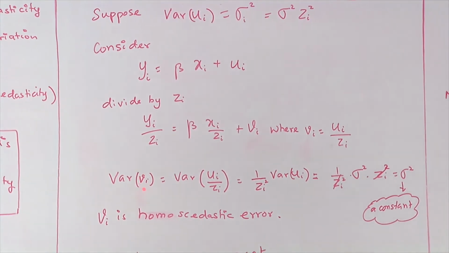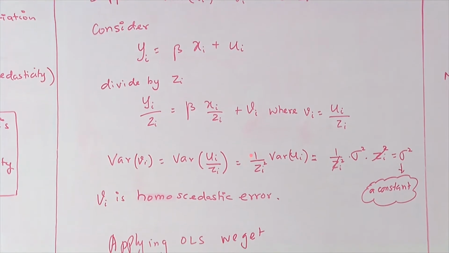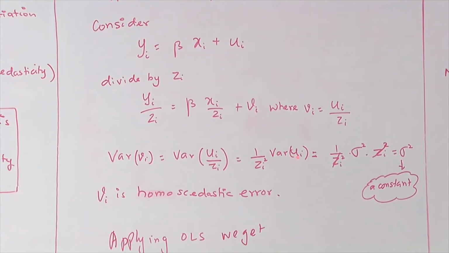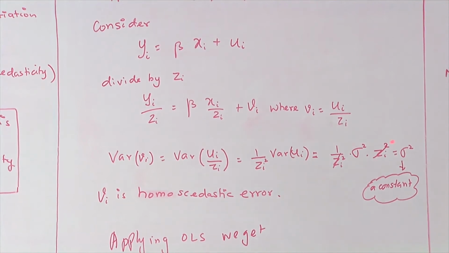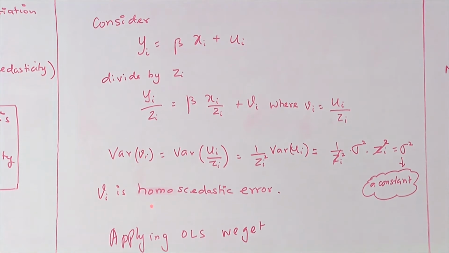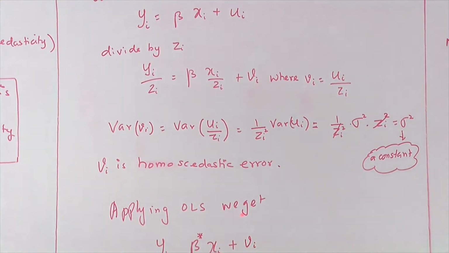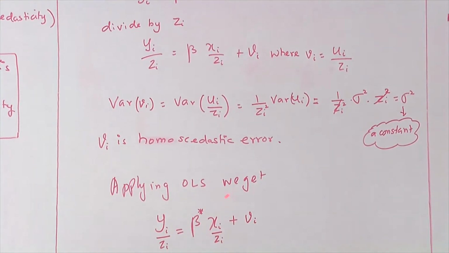The variance of vi is equal to variance of ui by zi, that is equal to 1 by zi squared times the variance of ui. We know the variance of ui is a variable, that is sigma square zi squared. So, both get cancelled, and that is equal to a constant. So, the variance of vi is a constant, meaning vi is a homoscedastic error. So, applying OLS we will get an efficient estimator.